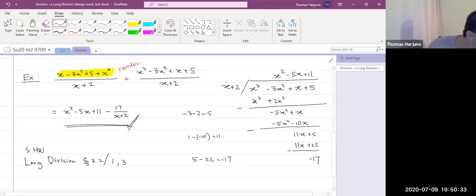Actually, you can do number 7 too, but this number 7 may be too easy such that you get confused. Okay, now how about synthetic division?